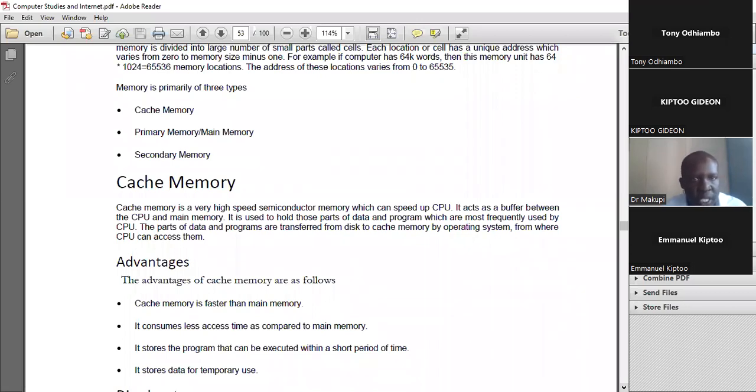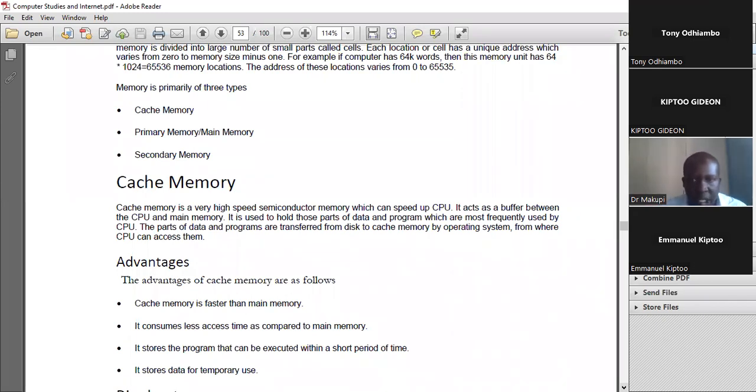So it is in between. This cache memory is a high-speed semiconductor memory which speeds up the CPU. It acts as a buffer between the CPU and the main memory.